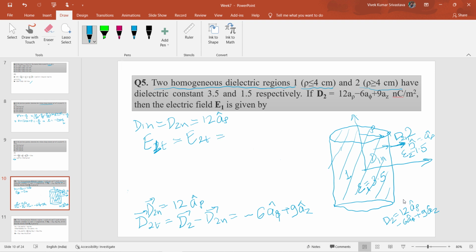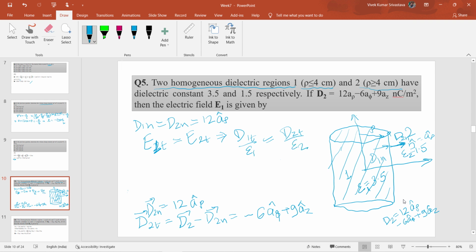We have to convert this in the form of displacement, so we just divide the tangential displacement components by their respective dielectric constants. D1t by epsilon 1 is equal to D2t by epsilon 2.